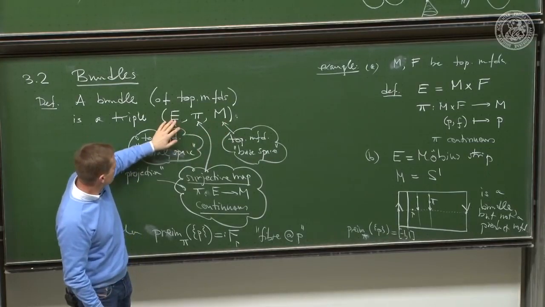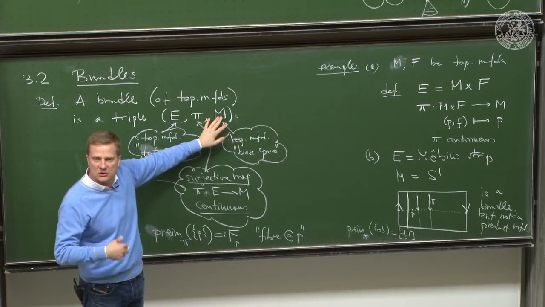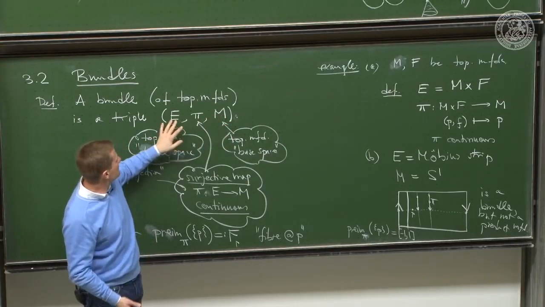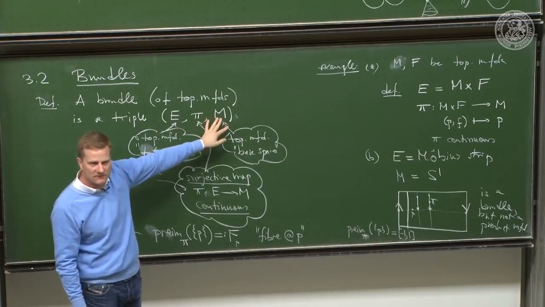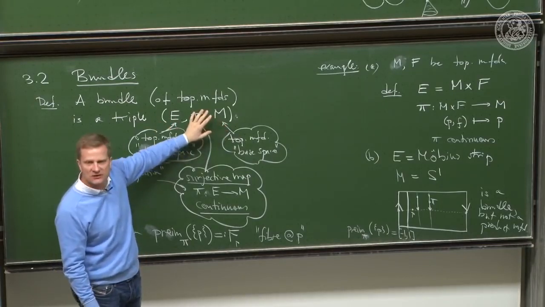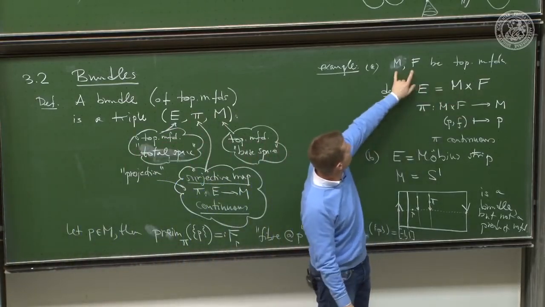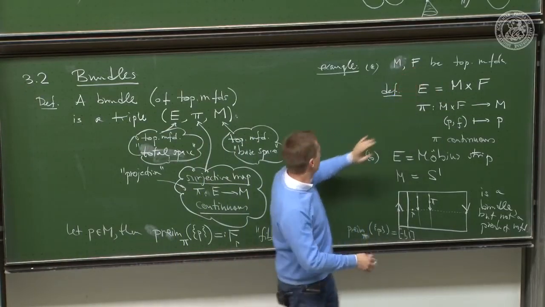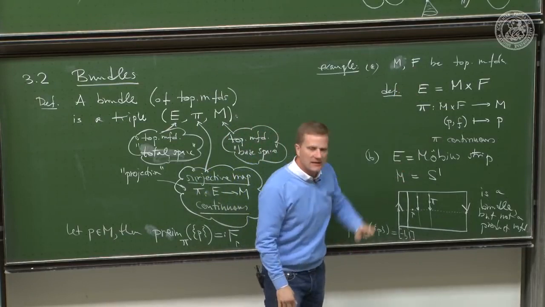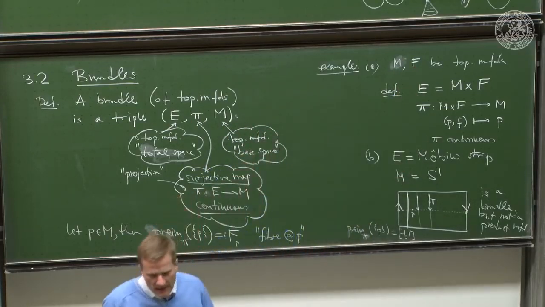It says there's a total space and you have a projection map to the base space, but there is no previous assumption on this total space being built in some particular manner from the base space. That is the generalization, whereas in the product case you have this preconceived notion that you have a base space and a fiber that's being attached. Hence, bundles are a generalization of the idea of taking a product in this subtle form.